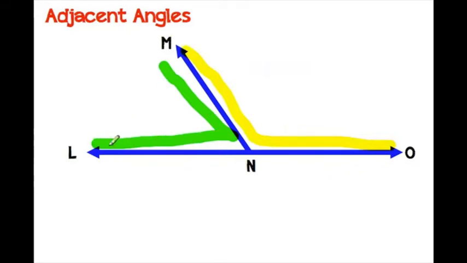It looks like angle LNM is an acute angle, while angle ONM is an obtuse angle. And again, they are right next to each other, and they share one of their rays. So it's almost like thinking about neighbors sharing a fence that's between the 2 yards. So there's 2 different angles sharing that fence or that ray.